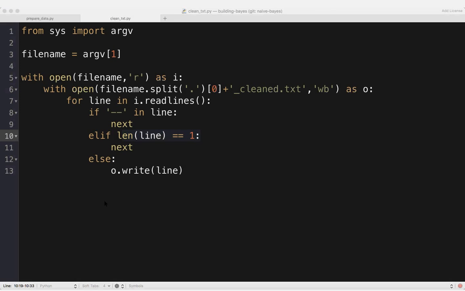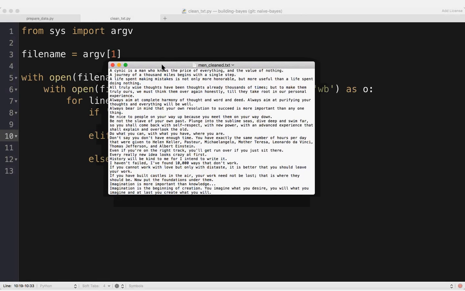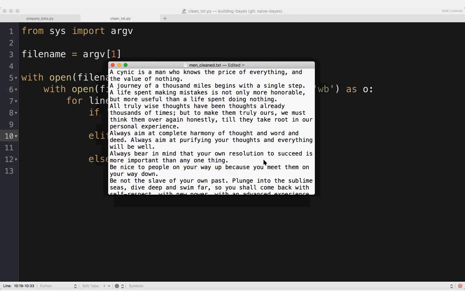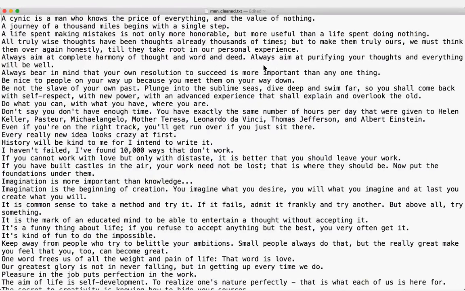So my end result ended up being this, and this is the men's file. So I basically have a big blob of text now. This one was simpler because I'm not looking to do a whole lot. There's not multiple documents. This is just a blob of text that I've labeled as I knew this was a male author.